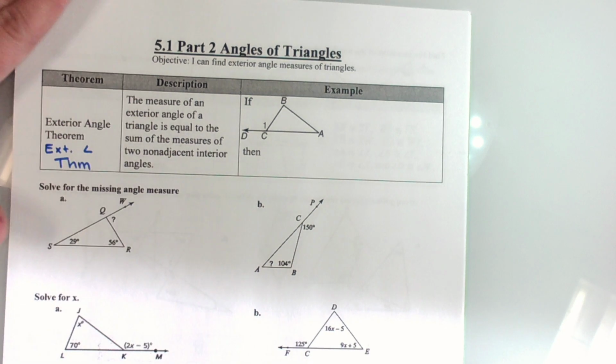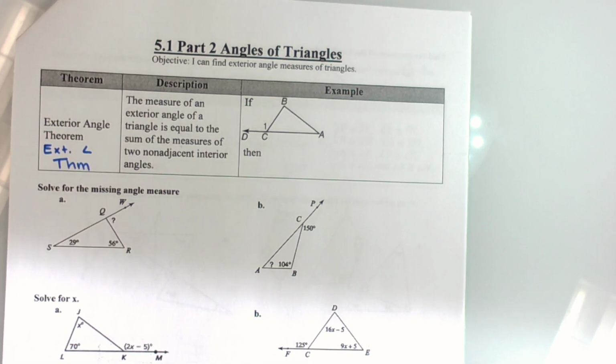If we come across this in a proof, it will be called EXT for exterior, angle symbol, THM for theorem. The exterior angle theorem says the measure of the exterior angle of a triangle is equal to the sum of the measures of the non-adjacent interior angles.